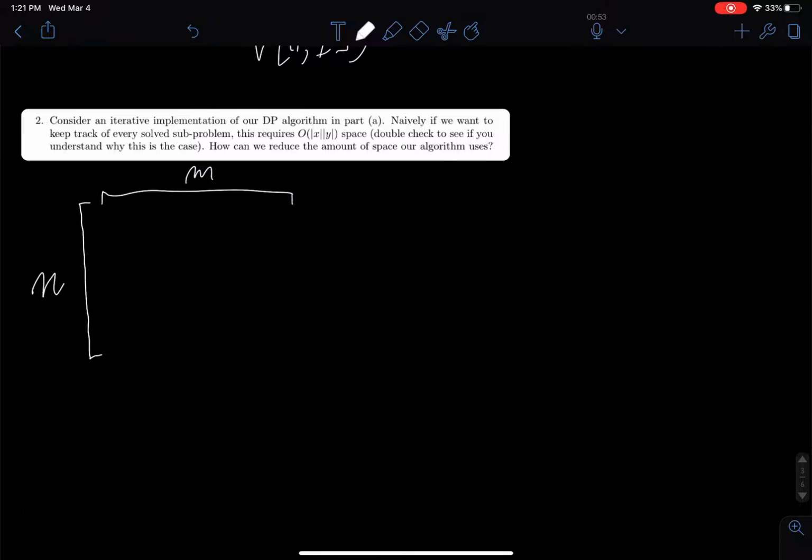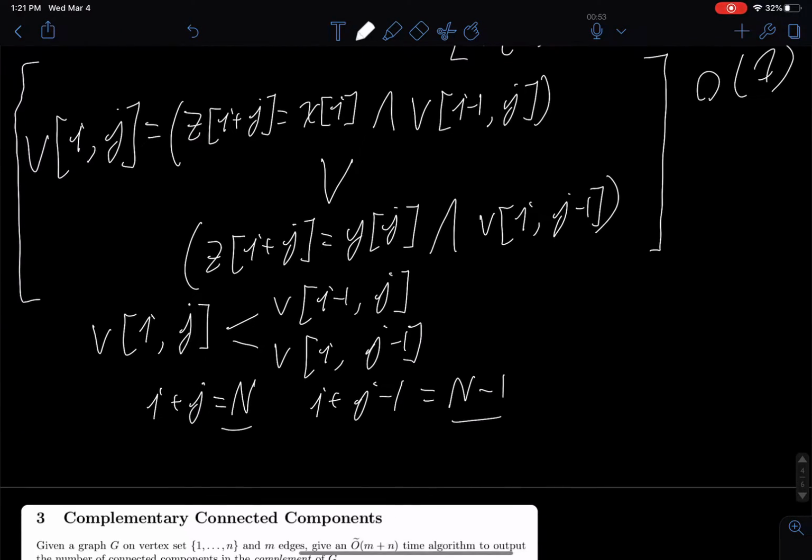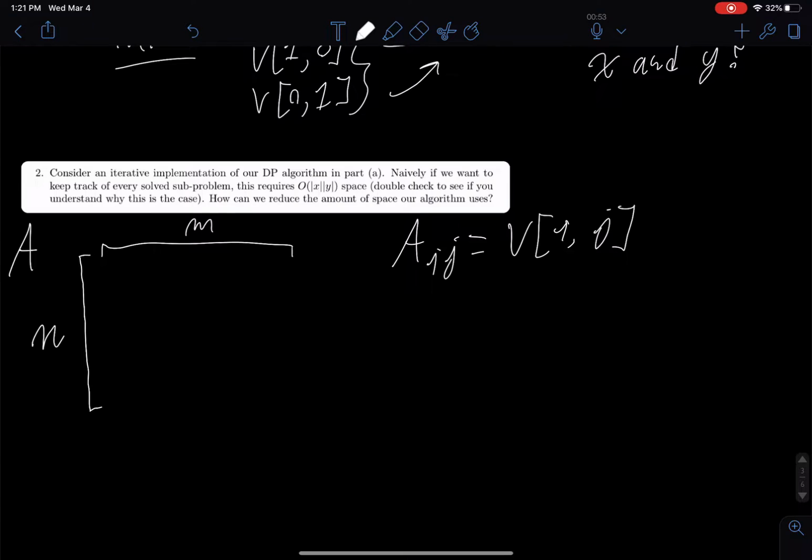The entry of this matrix, we'll call this matrix A, the entry ij is just equal to v_{ij}. And our n here is just going to be which diagonal, and these are sort of like anti-diagonals, which diagonal here we're on.